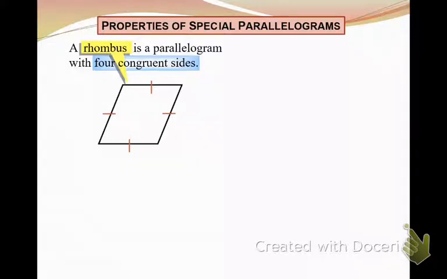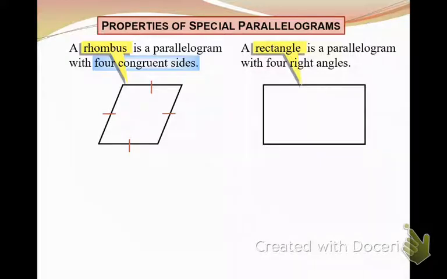What does the next picture look like? A rectangle. So directly to the right is a rectangle. A rectangle has 4 right angles. That's what's special about a rectangle. It has 4 right angles. All right, now let's use our 9th grade minds.